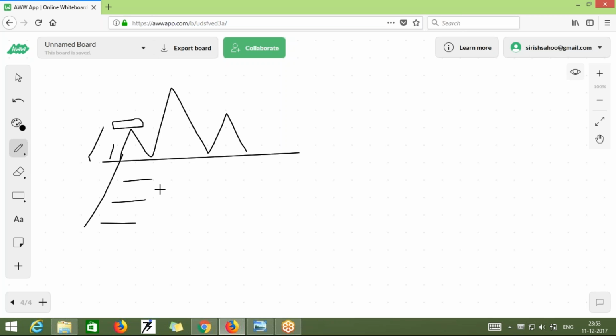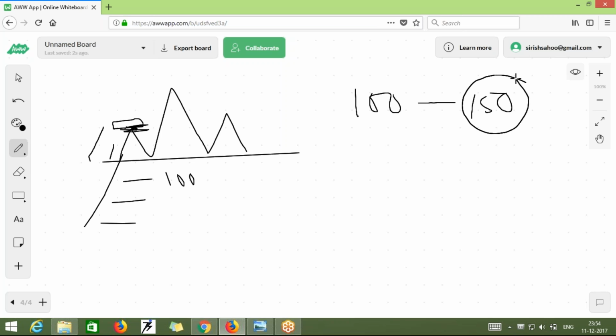Suppose ABC bought at 100 and now the current market price is 150, or else we should not take that much, it's 130.